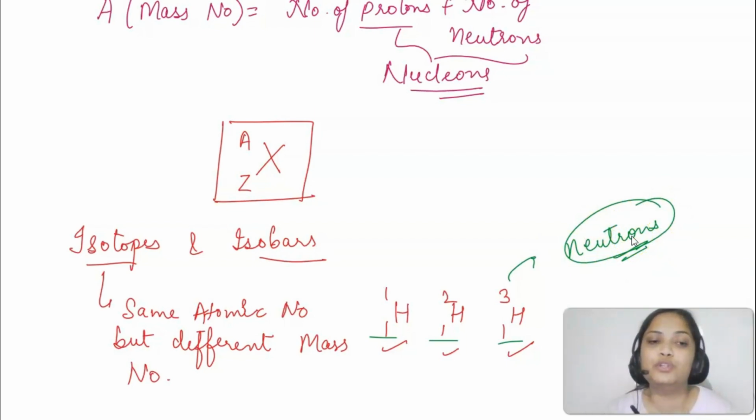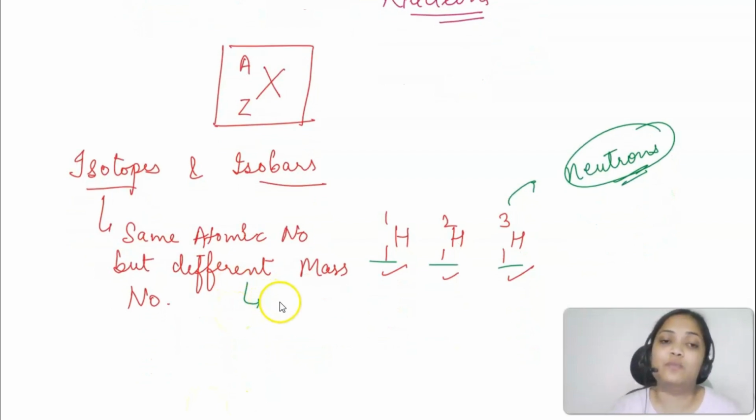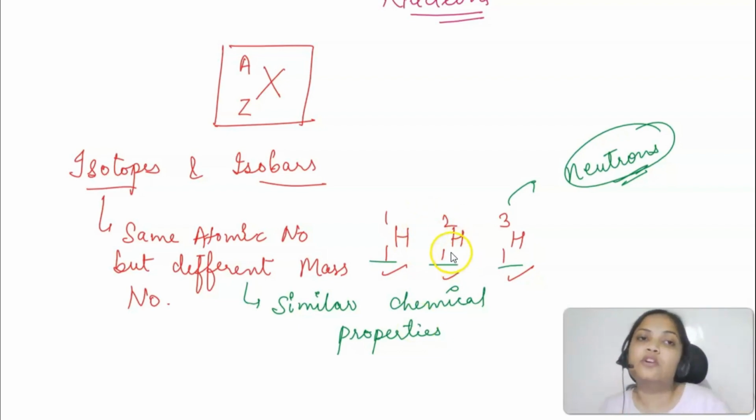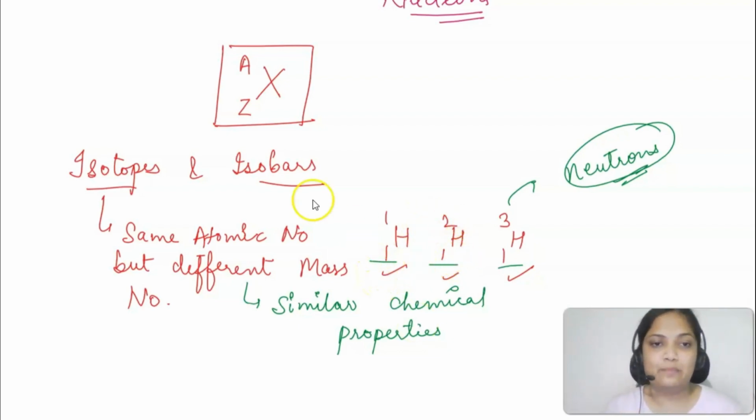But one thing you should remember कि if the number of protons is same, the number of electrons would be same. And electrons are the ones that are responsible for the chemical behavior of an atom. So all the isotopes will show similar chemical properties. Okay, although they will have different physical properties, but जो chemical properties हैं वो same होंगी. Why? Because the number of electrons are same.